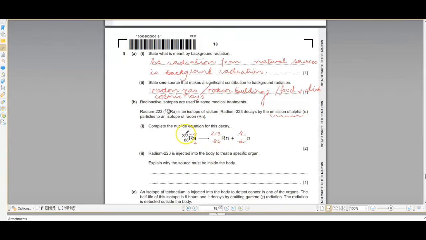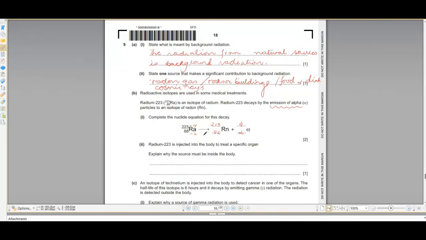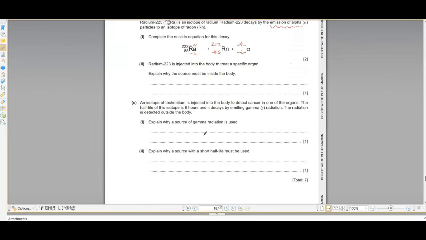For an alpha emission, there is a decrease of 4 in the nucleon number and a decrease of 2 in the proton number. What else? Radium-223 is injected into the body to treat a specific organ. Explain why the source must be inside the body. Over here you can see that radium was an isotope decaying by the emission of an alpha particle to an isotope of radon.